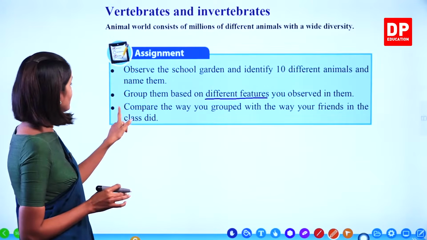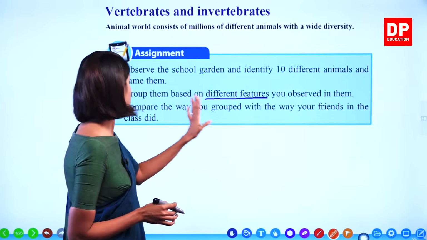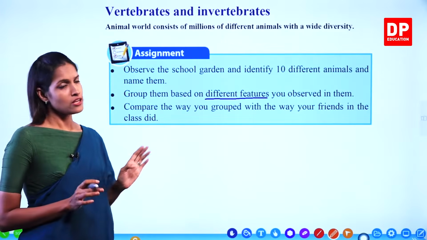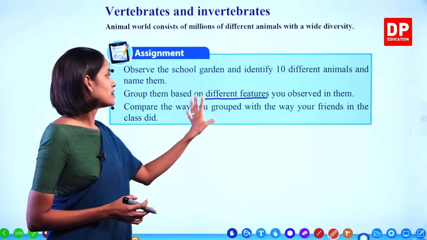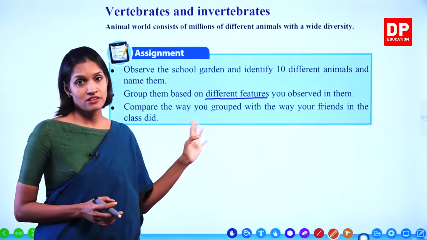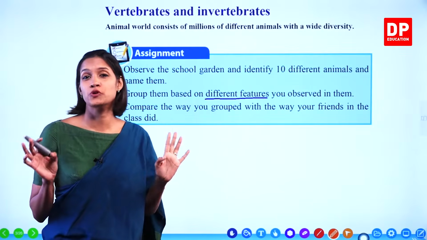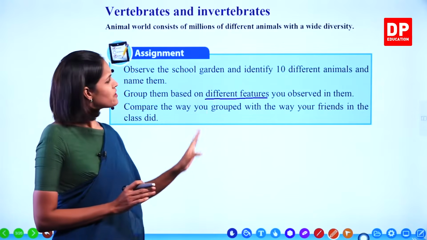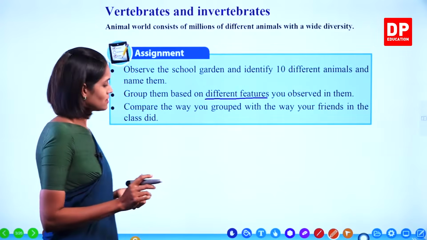Okay, children, and then compare the way you group with the way your friends in the class did. So we will do this activity now, even though we are not going to do it as a practical, we can actually think and write this one. Different animals, it's very common day-to-day life when you go out, you spot different animals. Okay, by using 10 different animals we will do this activity, right?